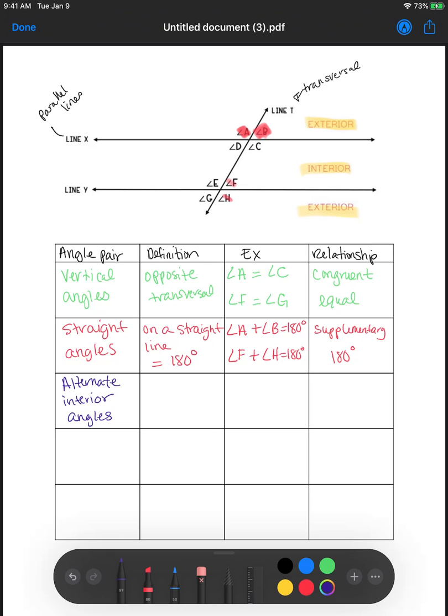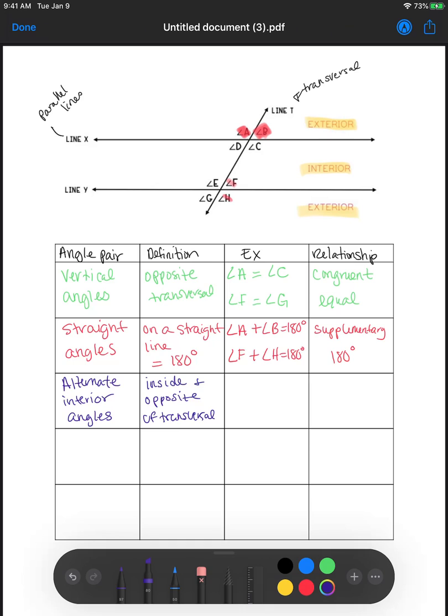And these are angles that are inside the parallel lines and on opposite sides of the transversal. For example, let me highlight the ones.